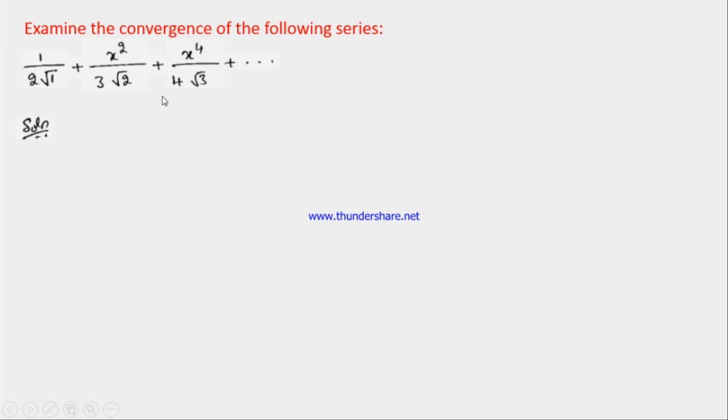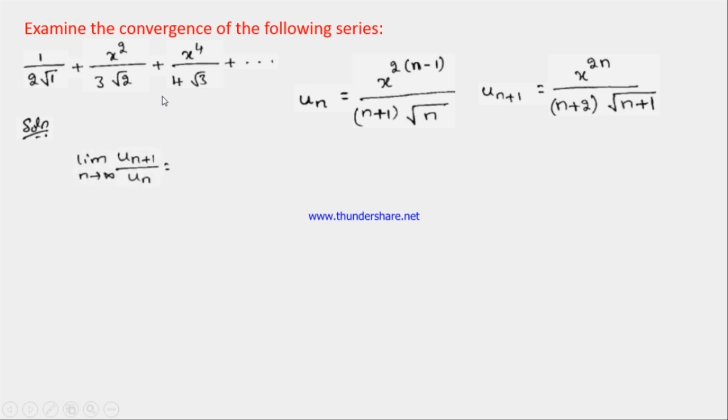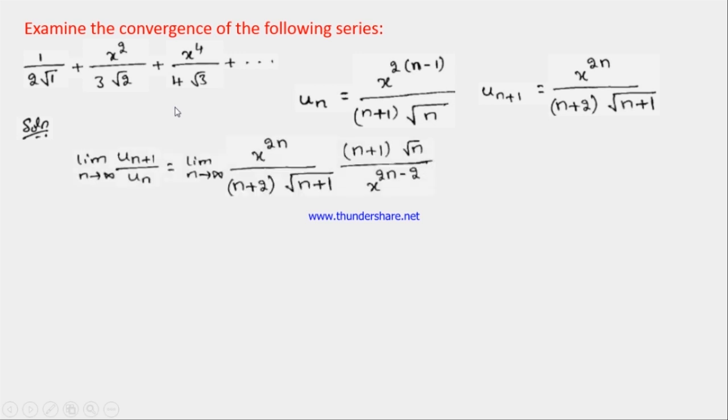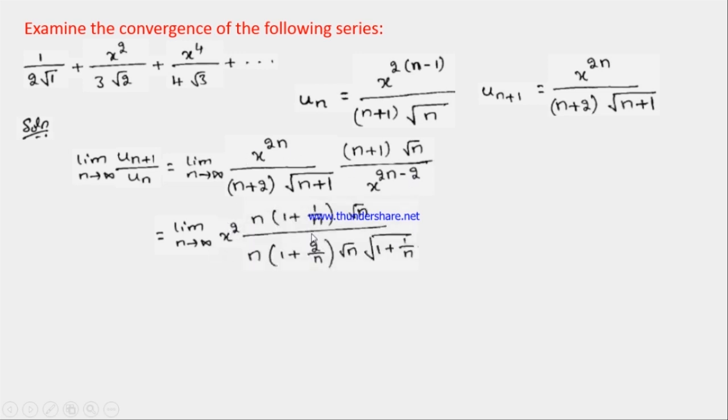Have a look at this problem. Write the nth term, write the n plus 1th term, consider the ratio. Let me just simplify this. X power 2n cancels here, and this x power minus 2 comes to the numerator and will give us x square. And from here I have taken n common, and from here I have taken n common, and because of the square root we will get square root of n.